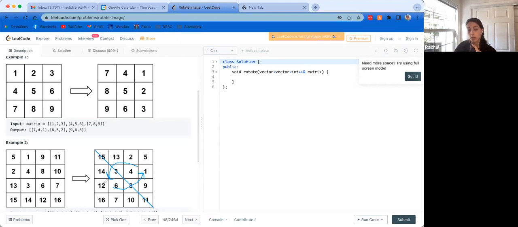That doesn't quite get you the rotation, but then if you swap the columns, there's a second step. So you can first transpose it, and then if you swap the columns, it will do the same thing. That's not the solution we'll be using today, but we'll go over that one. But transposing a matrix, I believe, is flipping it over the diagonal. But we can confirm that.